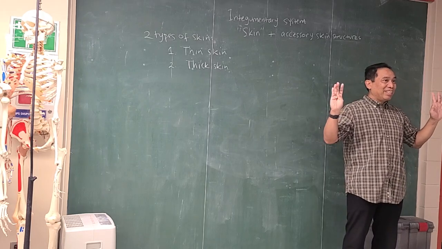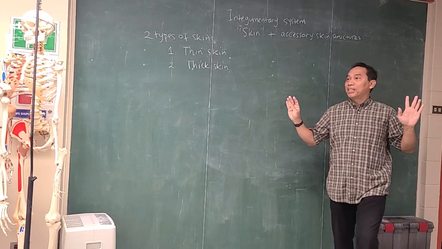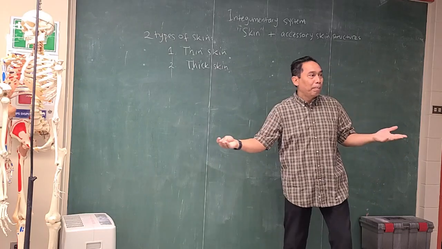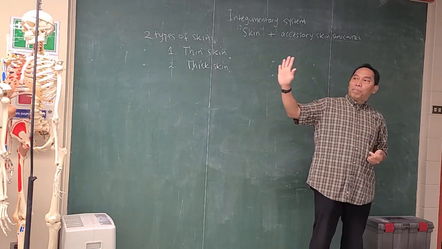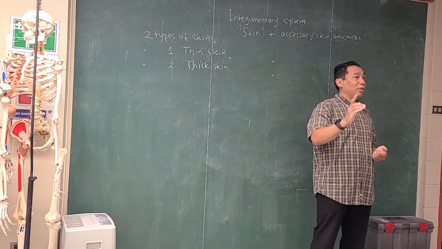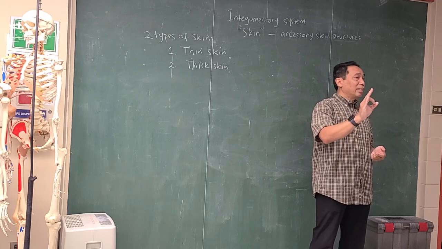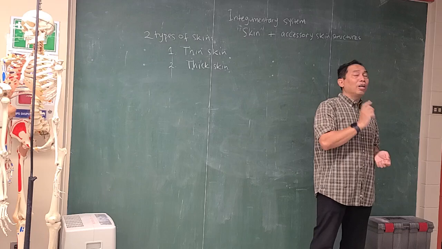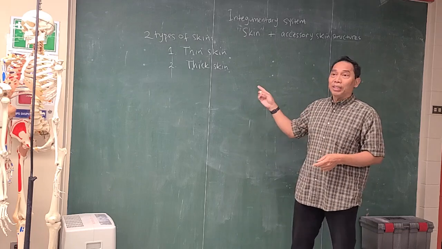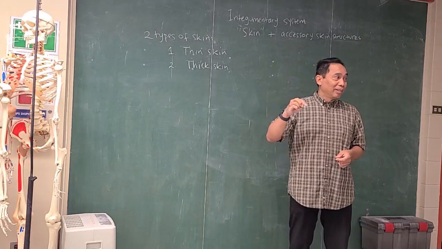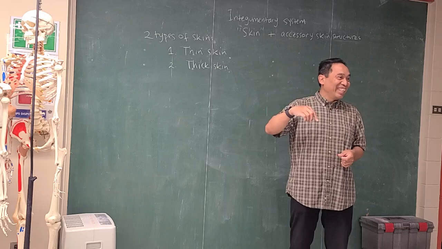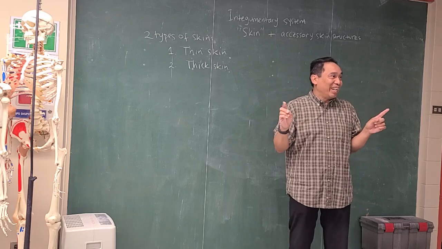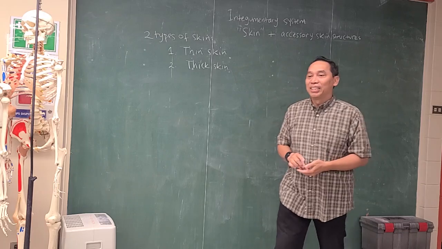So thick skin is only present in specific places, which are the palm and the sole. That's the location of the thick skin. Are you with me? Now, what's the difference? Of course, the thin skin means thinner, the thick skin thicker. Why and how? We're going to see the structure.